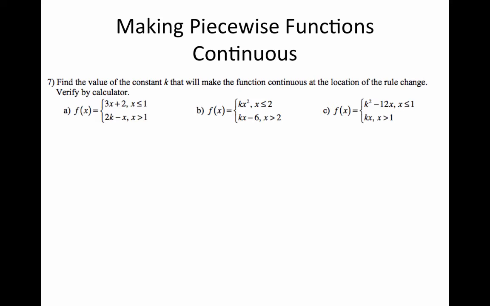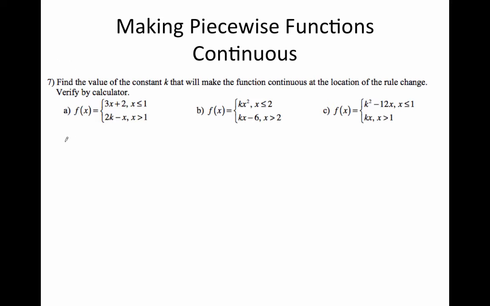They want you to come up with the value that's going to make these line up at the rule change. So you're going to do the same idea, except you're not going to get a numeric limit for both pieces. You're going to have some expression for one or both pieces that you'll set equal to each other to make the function continuous.